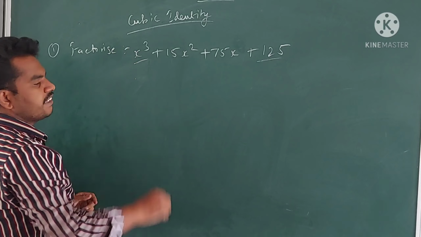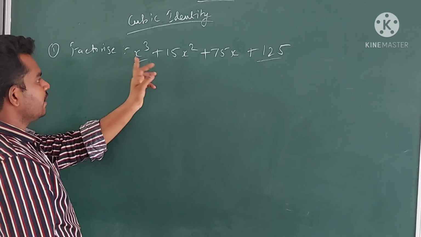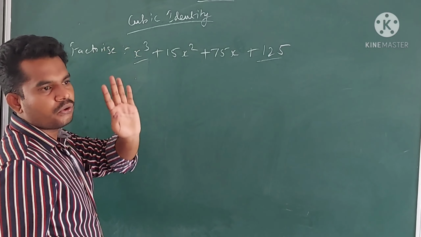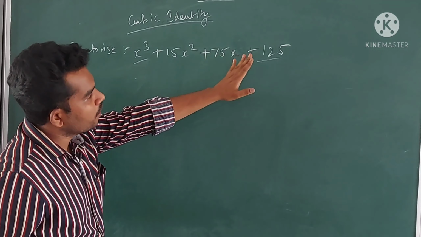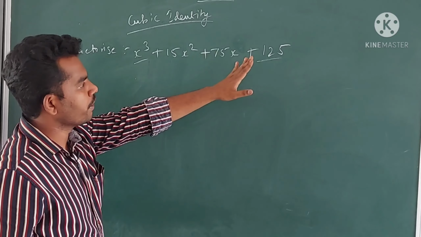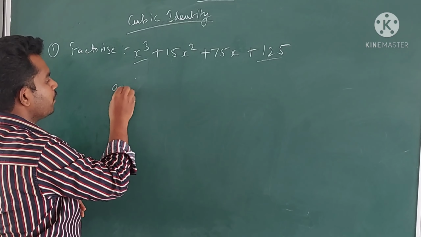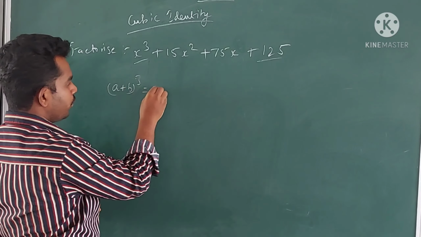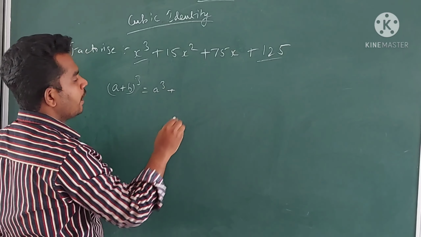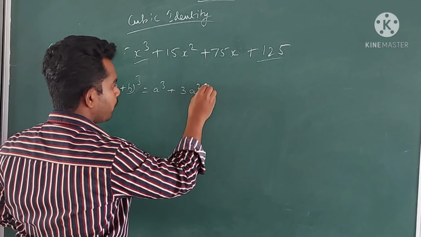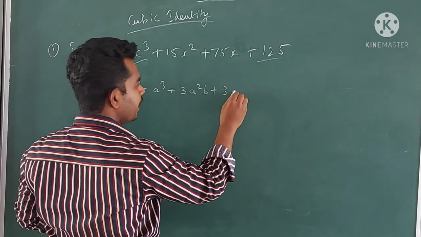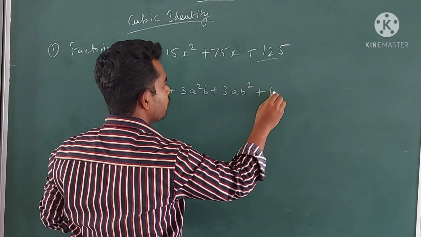Here x is cubed, and here the cube is 125, that is 5 cube. So observe, what is the formula for a plus b the whole cube? a cube plus 3a square b plus 3ab square plus b cube.